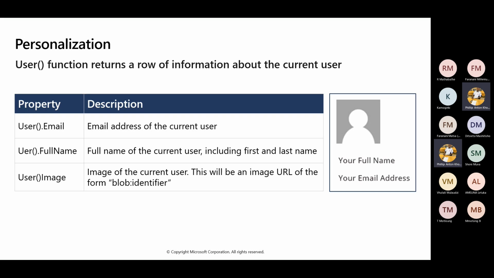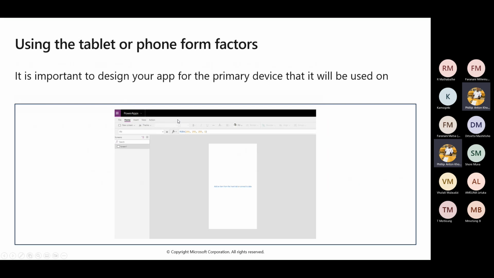And then you saw that I used User.FullName, where it displayed my full name. And then you can also say User.Email, which will give you the email address. And then you can say User.Image, which will display the image of the logged in user if they have an image.